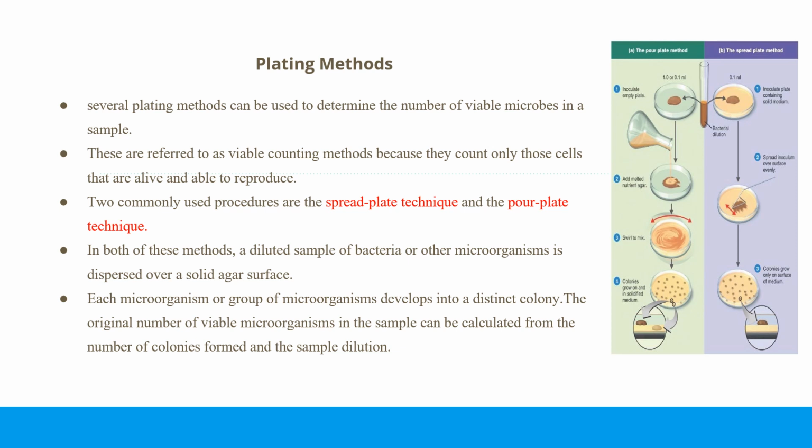In both of these methods, a diluted sample of bacteria or other microorganism is dispersed over a solid agar surface. Each microorganism or group of microorganisms develops into a distinct colony. The original number of viable microorganisms in the sample can be calculated from the number of colonies formed and the sample dilution.